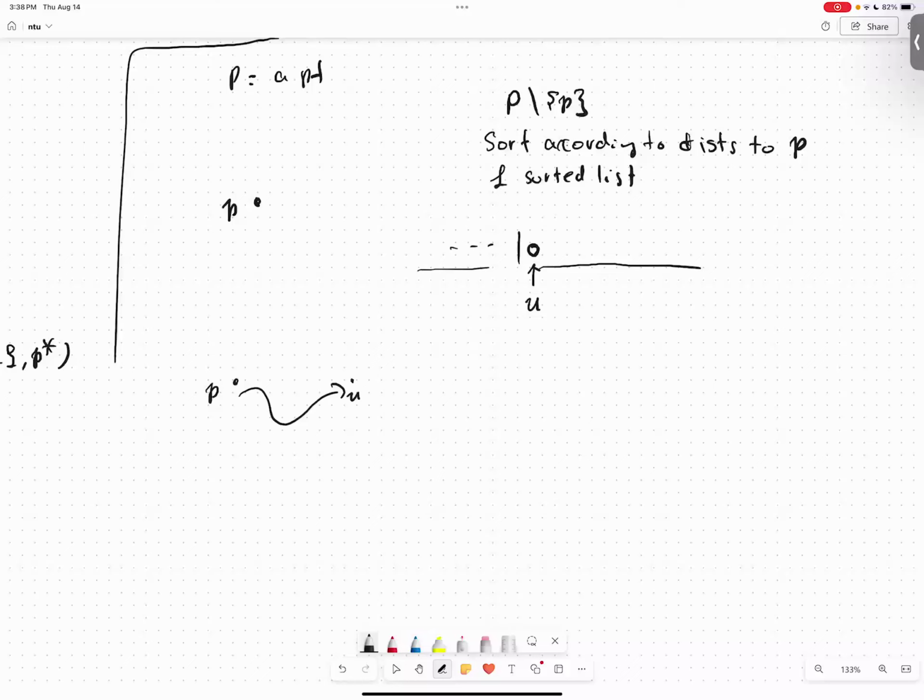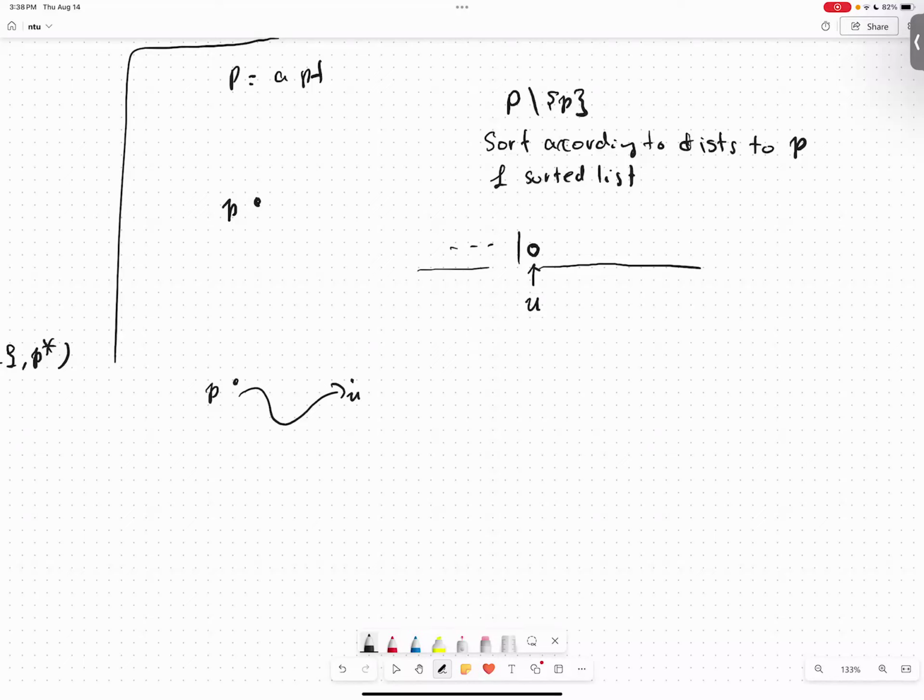Intuitively, U is good. It's a very important point, and we would like to keep it. So that's the idea.